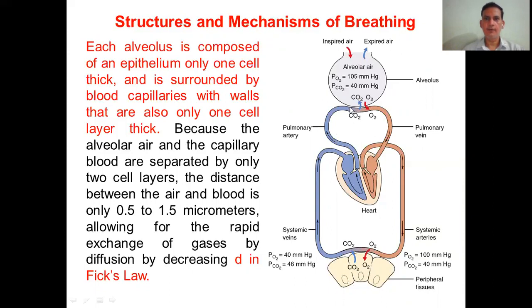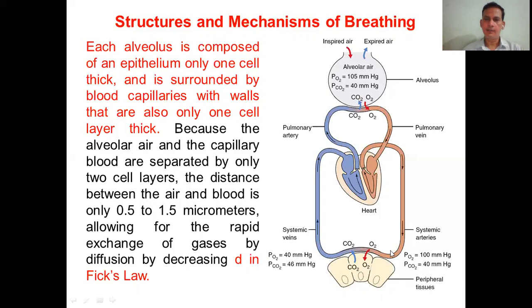So here in the alveoli, there is rapid diffusion of CO2 to outside and O2 to inside. And ultimately, when they move to the pulmonary veins to the heart, and from there to the systemic arteries, one can notice the partial pressure is 100 mm of Hg in case of oxygen and 40 mm of Hg for CO2.